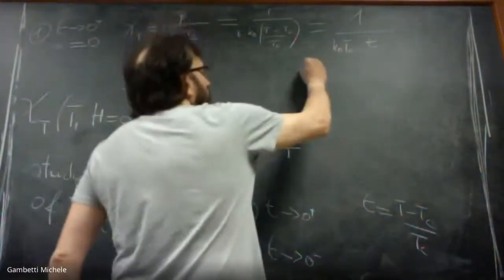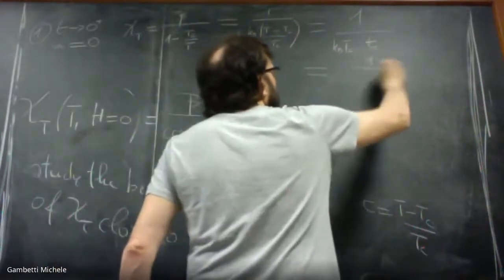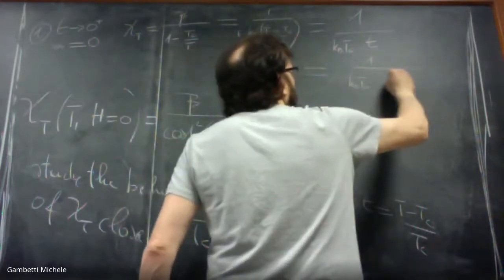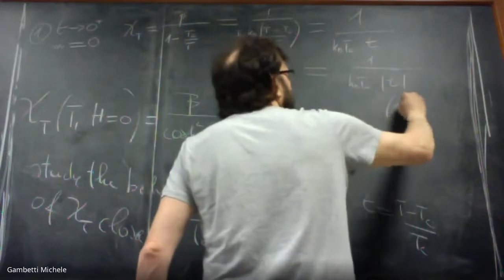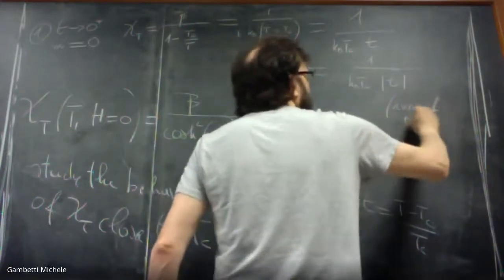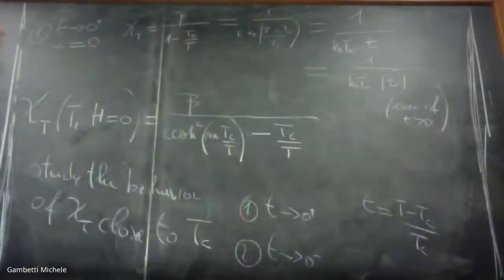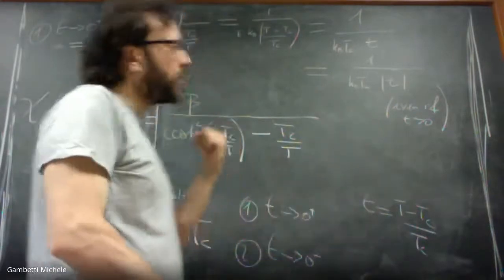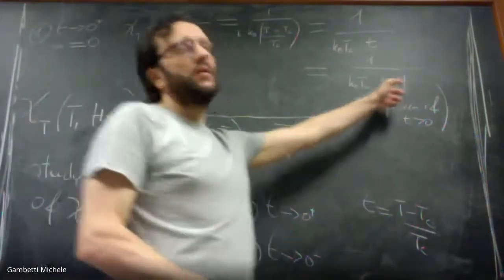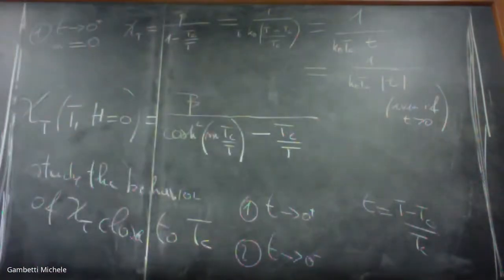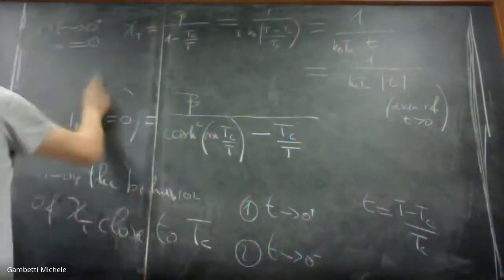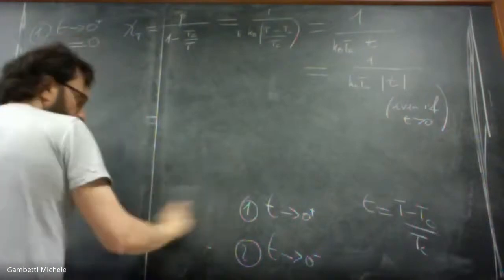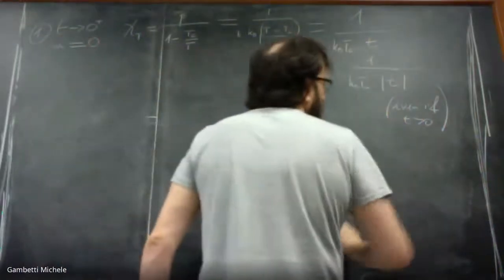For reasons that will be clear in a moment, let me write this as kB Tc times the modulus of t, even if t is larger than 0. It's just a useful way, because below I will write again the same quantity below Tc, and there I will use the modulus of t. Now this provides a scaling. As you see already from here, the susceptibility diverges at t equals 0 from above.